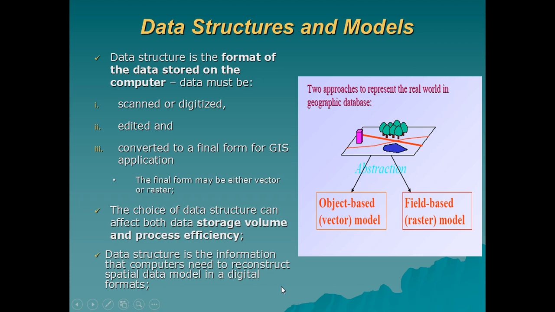In other words, the data structure that is stored on the computer is used by the computer to reconstruct it into what we will see on the computer screen, either represented as that vector model, such as points, lines, and polygon features, or that raster model, which would be our layer made up of a series of cells. So we need that data structure to complete that reconstruction.